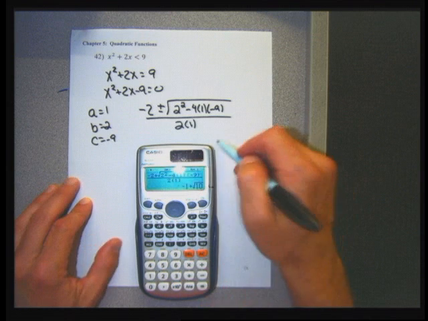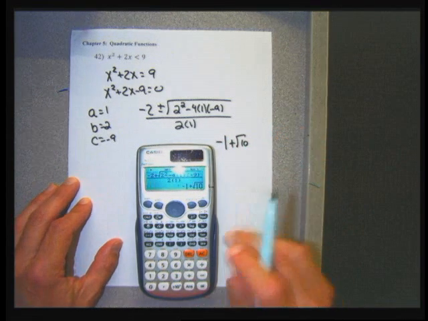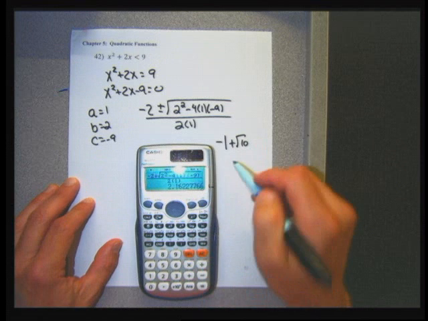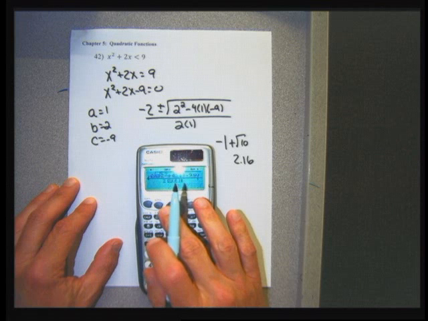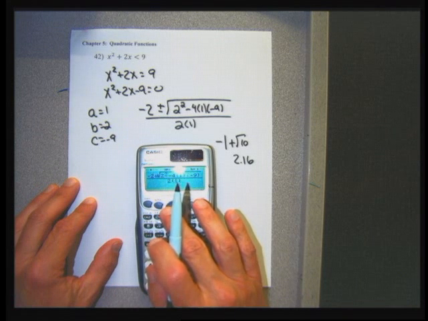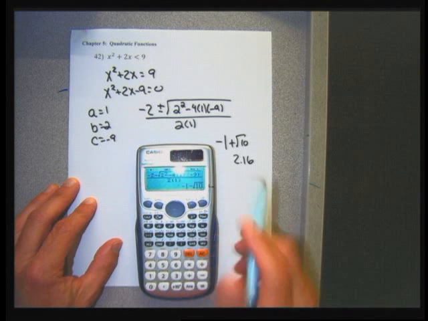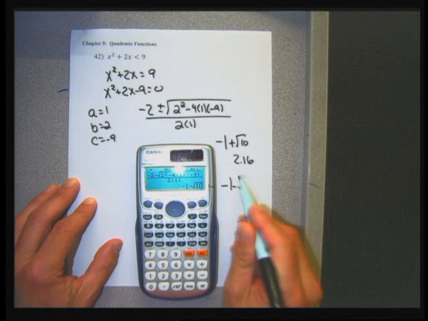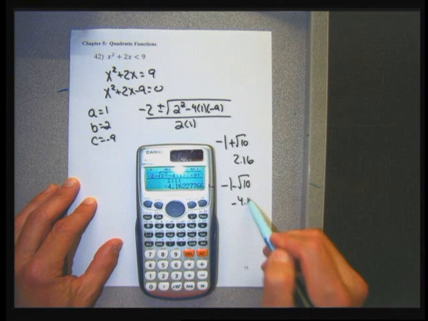and I get negative 1 plus the square root of 10, SD it, which gives me 2.16. Now I'm going to back in, get that plus sign outside the square root, change it to a minus, and I get negative 1 minus the square root of 10, SD it, and get negative 4.16.